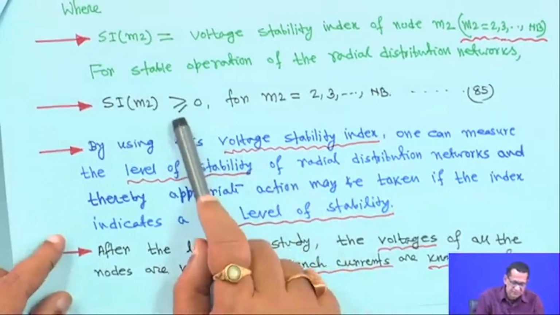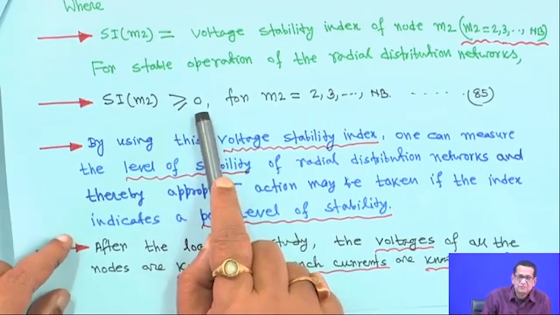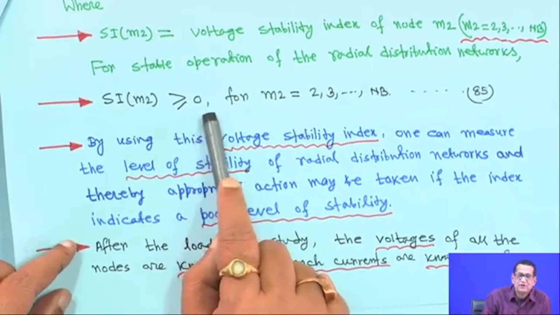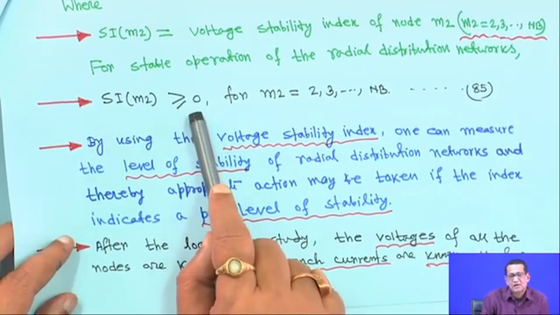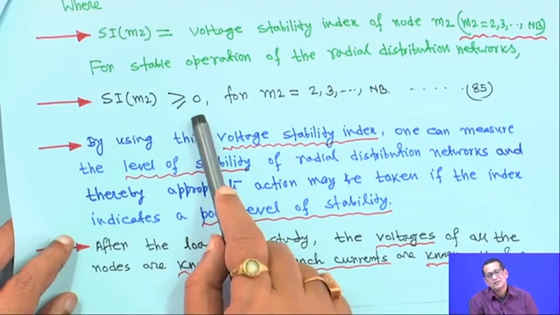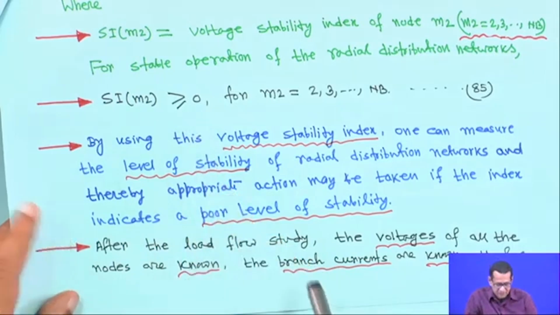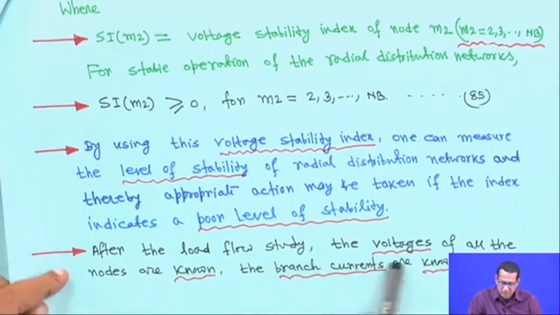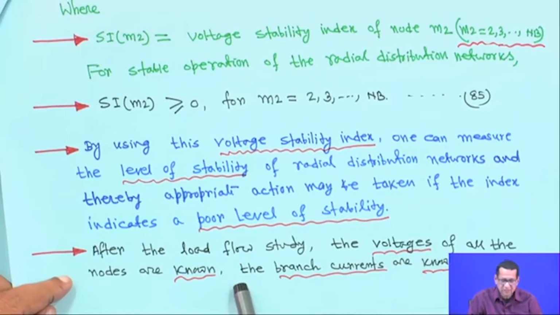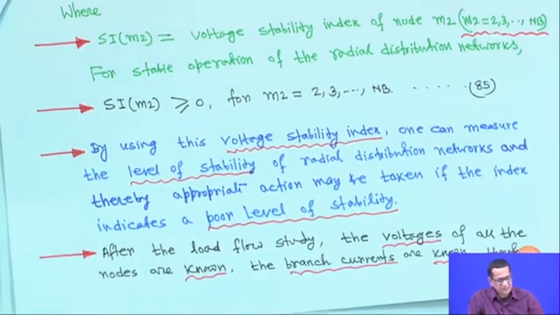I mean it has to be greater than or equal to 0, but if by chance you find it is very close to 0 or much less than 0.4, 0.3, 0.5 something like that, then you have to take some appropriate measure such that it will remain voltage stable. So, after the load flow study, suppose you are running the load flow, then all the voltage magnitudes of all the nodes are known, and branch currents are also known.